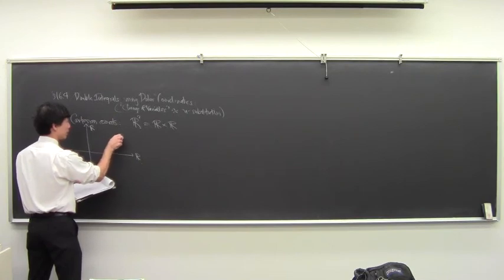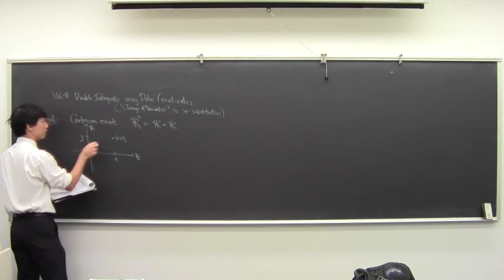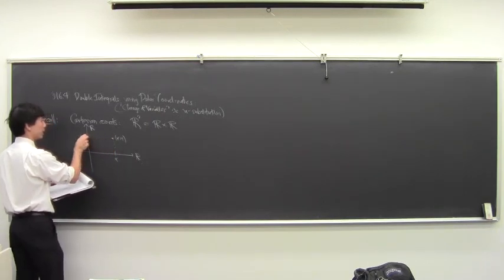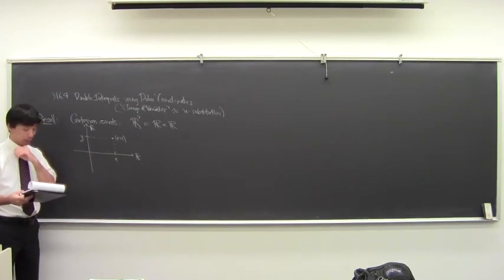Then to every point on the plane, you associate two numbers, x and y, given by projecting perpendicularly down onto these axes.